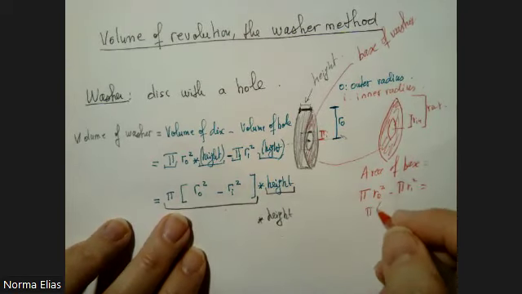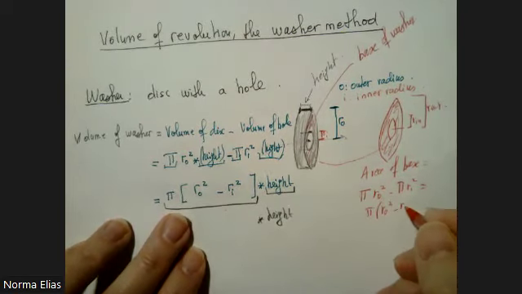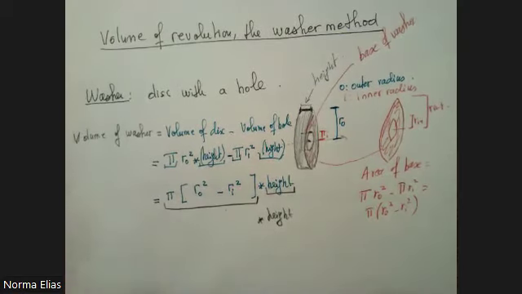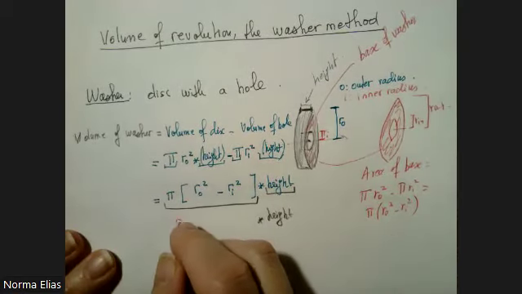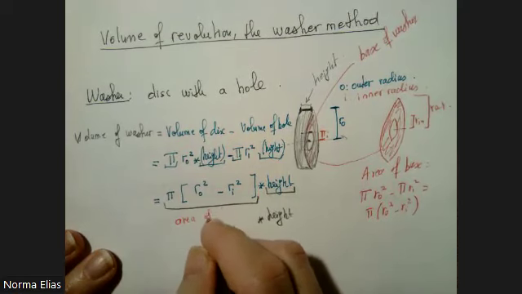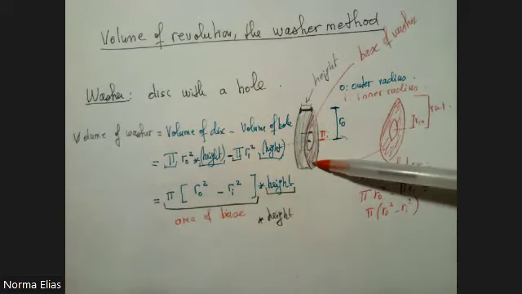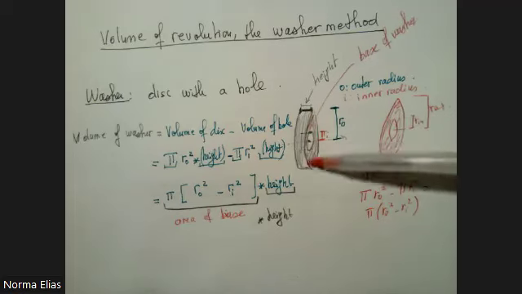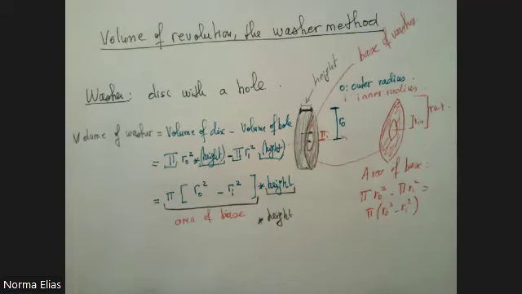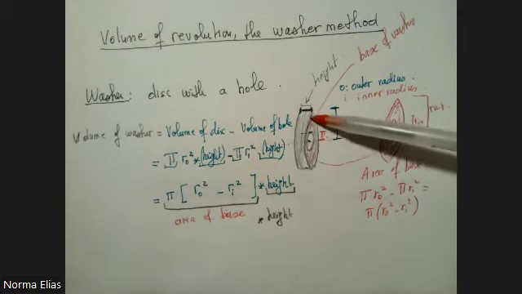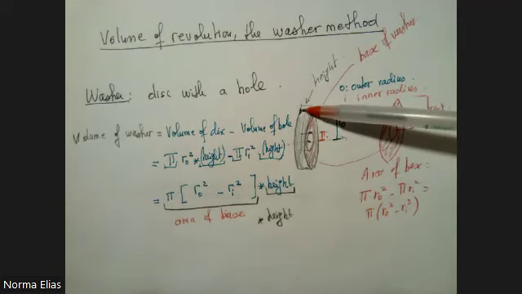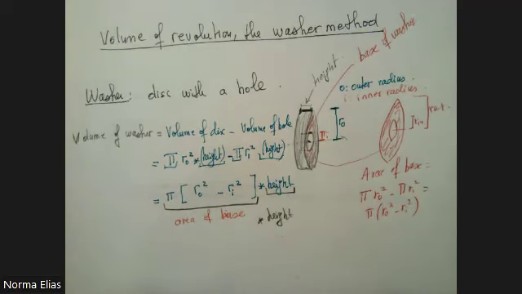So it means pi times R0 squared minus Ri squared. So this piece here actually represents the area of the base. Area of the base times this little height gave me the volume of the washer. So it's a good way to think about it as well. The volume of the washer is given by this formula, and the way to better analyze it is the area of this little piece times the little height. Okay, so that's really a washer.